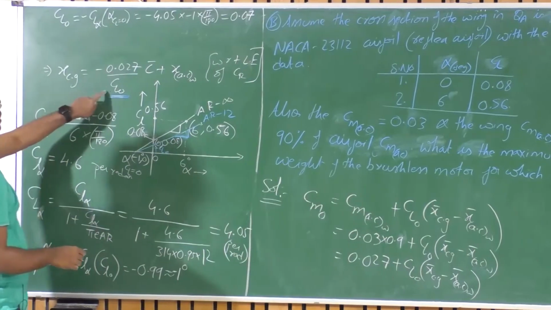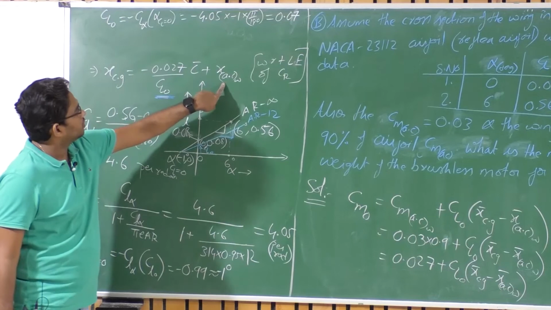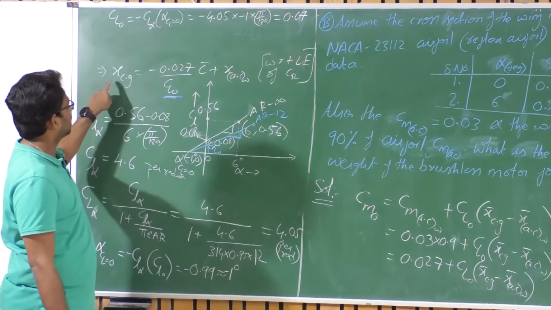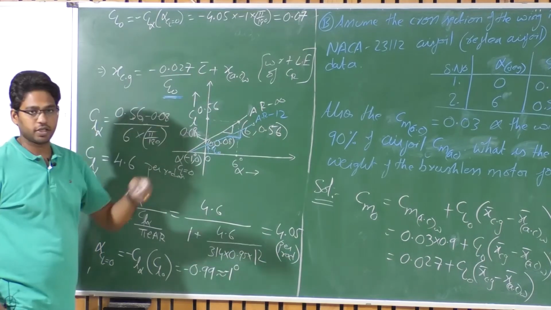So I have CL naught right now, and I know C bar, and with respect to the leading edge of the wing, I can find out the corresponding CG location with respect to the leading edge of the wing.